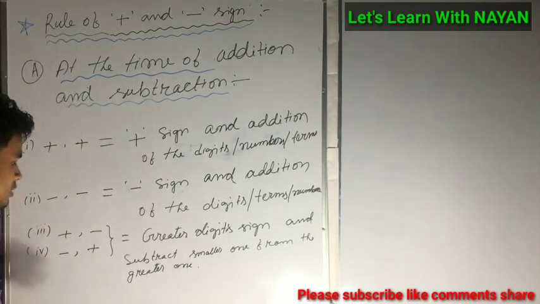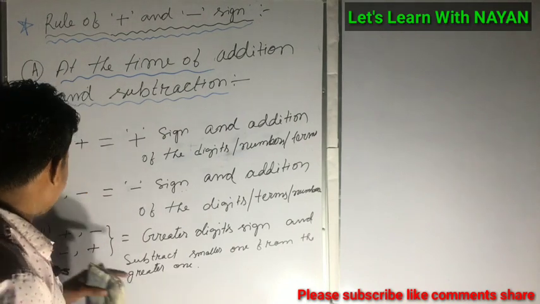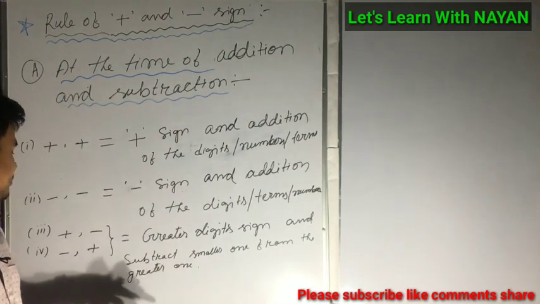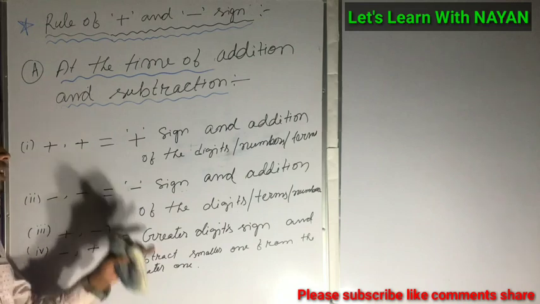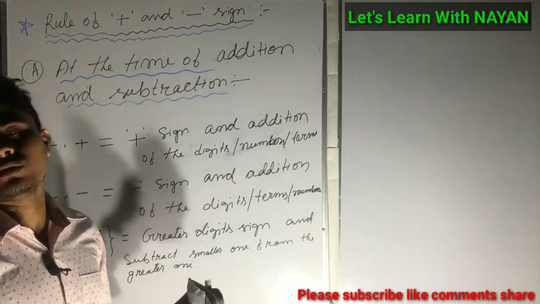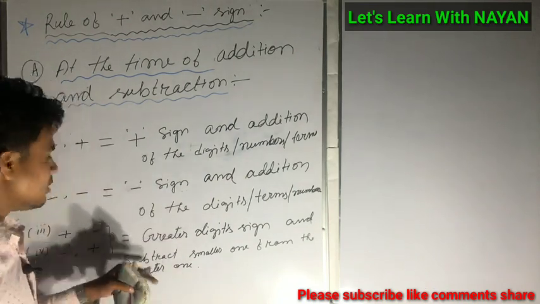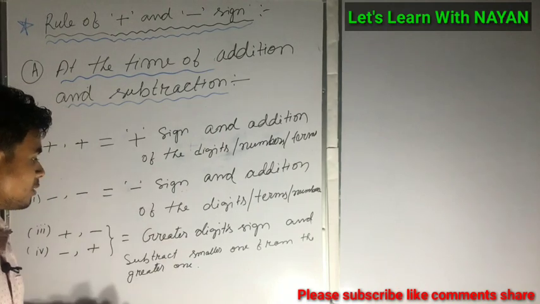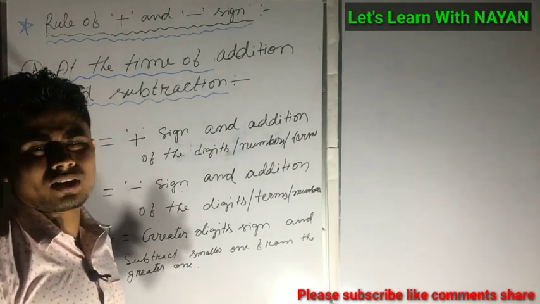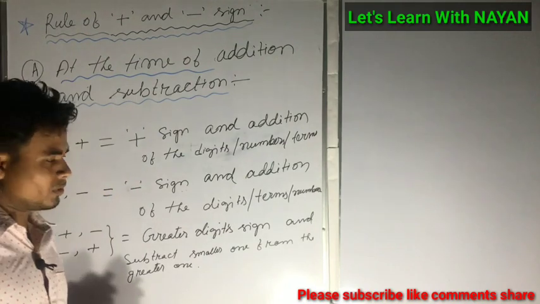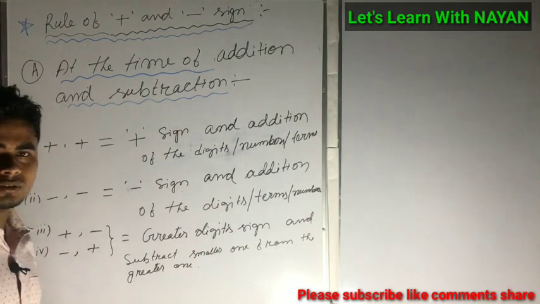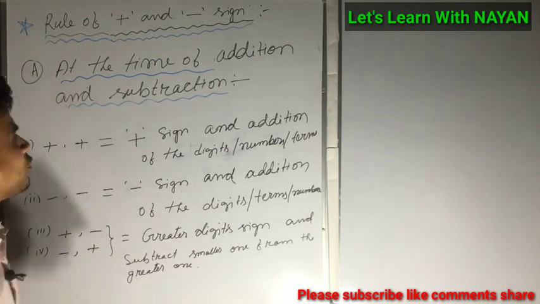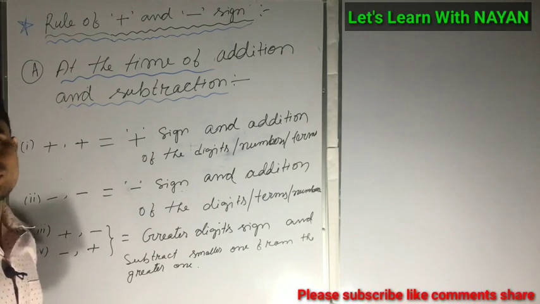Okay, this is the rule. That means plus minus or minus plus becomes the greater digit's sign always, and we subtract the smaller number from the larger number. Okay, so I am going to give examples of the following.